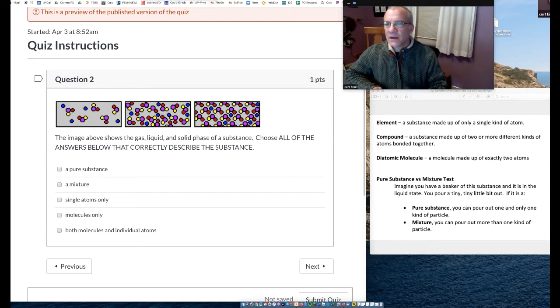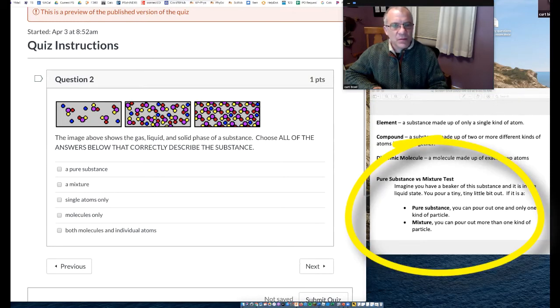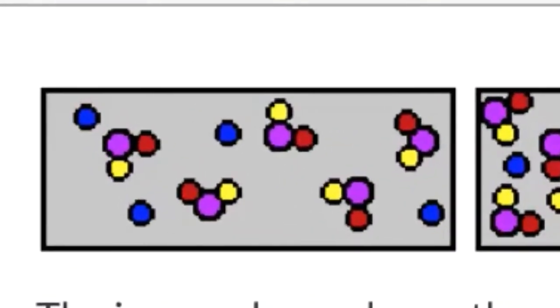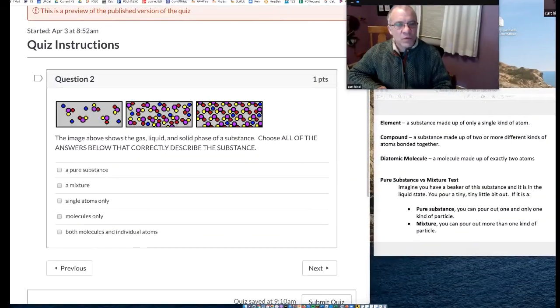Now, is this a pure substance? Well, let's do the pure substance versus mixture test. If we were to pour out particles from a beaker of this, you could pour out a blue particle, or you could pour out one of these molecules. There's really nothing else you could do. But it's a mixture because you can pour out more than one kind of particle.